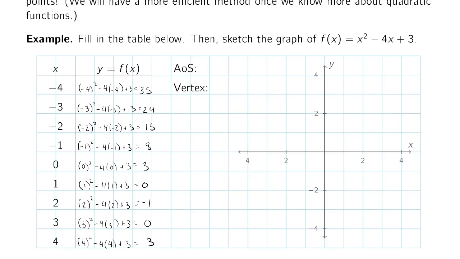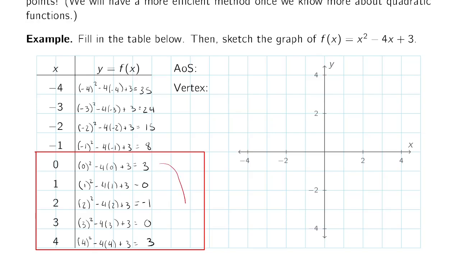Okay, so the points that we found that are going to be nice for the graph we want to draw are these ones here, right? The x-coordinates between 0 and 4. And one of the things we notice is that these 2 points have the same y-coordinate, and these 2 points also have the same y-coordinate.